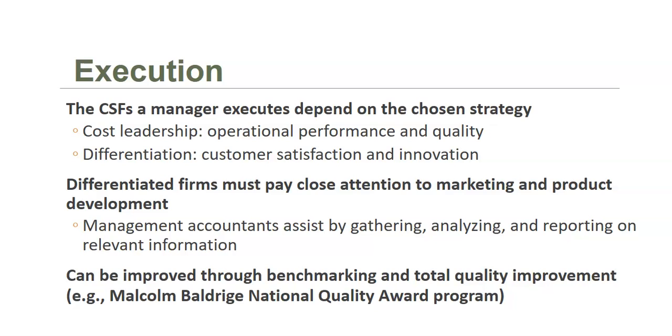We're going to get all of that information, analyze it, and then report out. Now we can also look at benchmarking and total quality management and total quality improvement. There are quality award programs that manufacturing companies can submit to for awards, such as the Malcolm Baldrige National Quality Award Program.